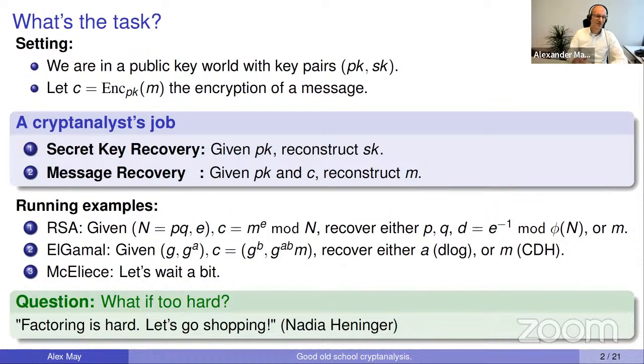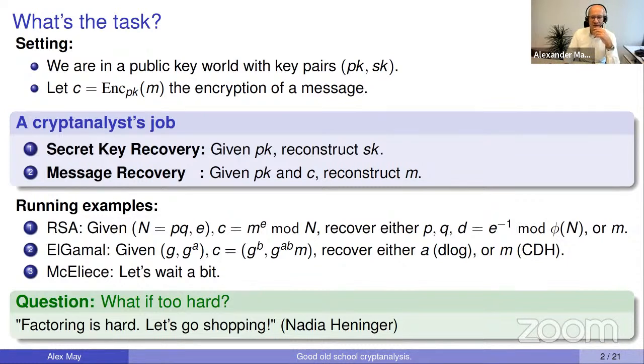Factoring, discrete log, and decoding can be really, really hard. Here's my favorite quote from Nadia Heninger, who said, look, factoring is hard, so let's go shopping. Let's do something useful. Don't waste our lifetime tackling these problems that are too hard.